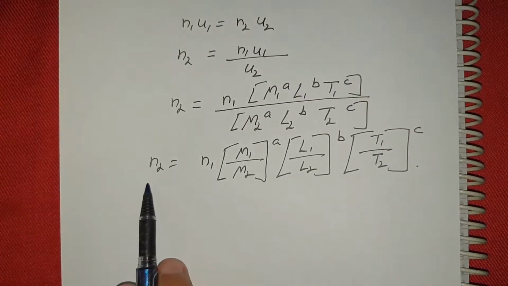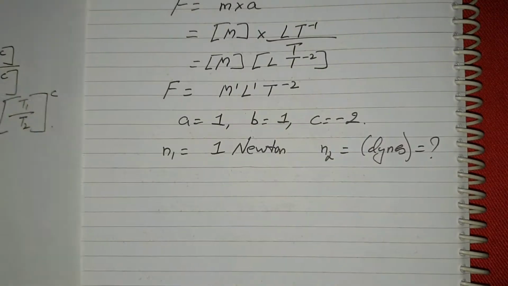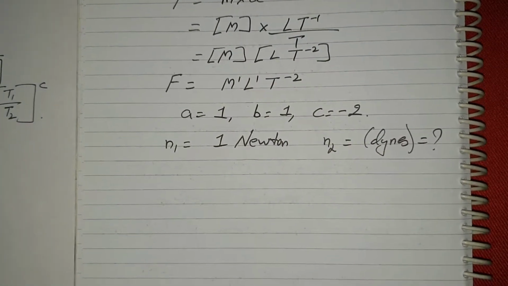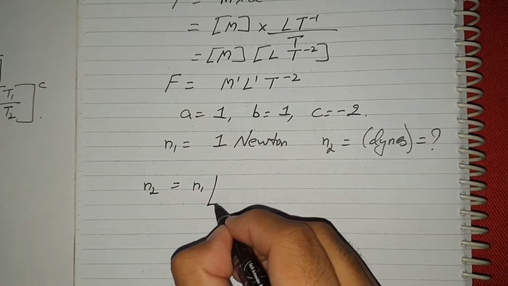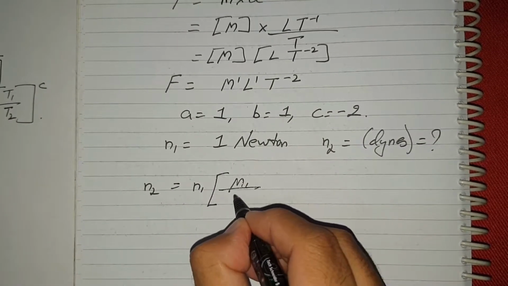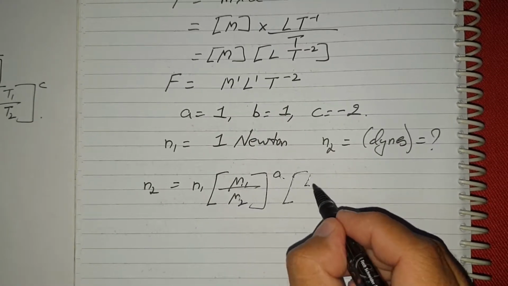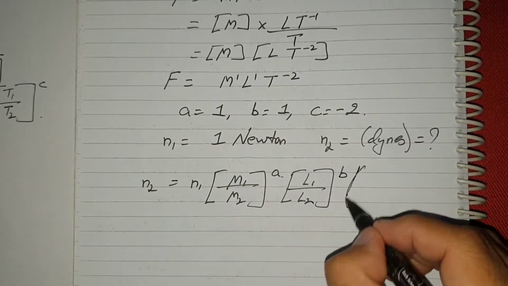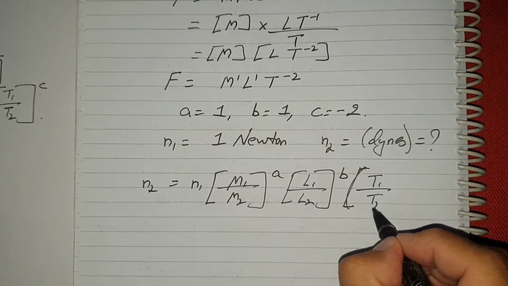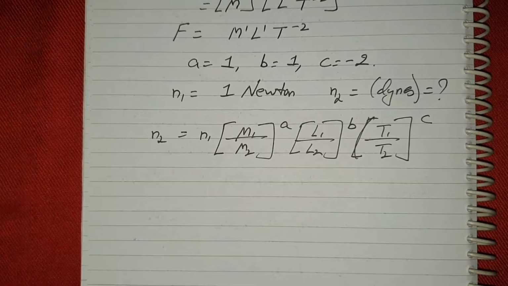Now, using this equation, let's write it. n2 equals n1 times (M1 by M2)^a, (L1 by L2)^b, (T1 by T2)^c. Okay, we have written the equation.